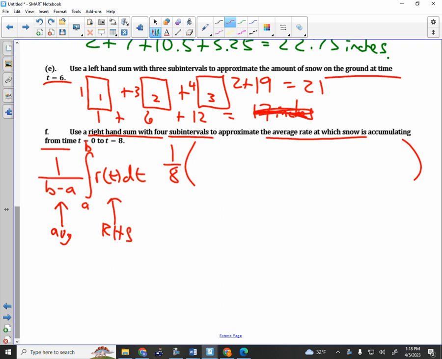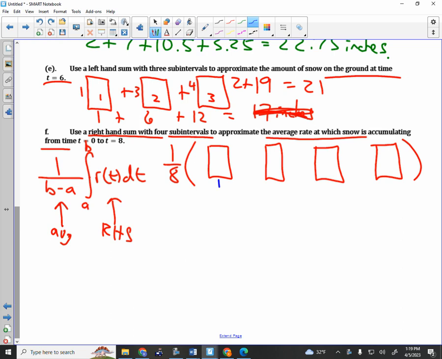Now we've got to do the right-hand sum. So I'll draw the rectangles right here. We've got 1, 2, 3, 4. What's the width of the first rectangle? 1.